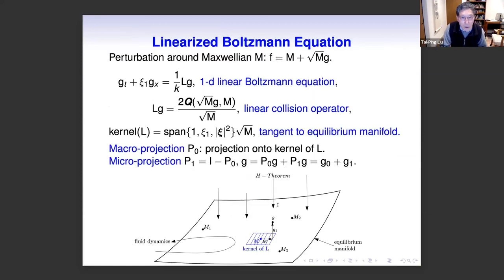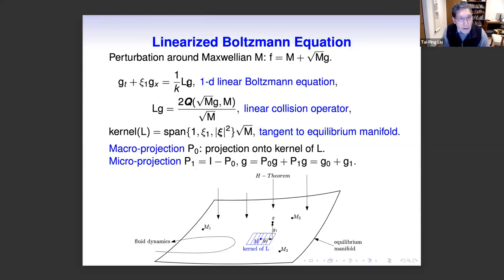Okay, so to study the singular layer, as I mentioned, it required a strong quantitative analysis. And so one started with the linear Boltzmann equation and tried to get something definite quantitatively there.